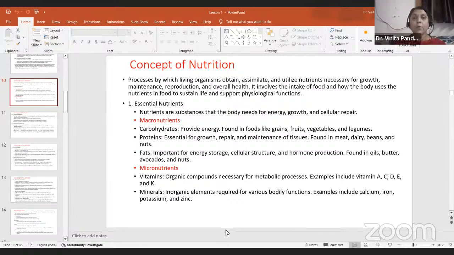So when you talk about nutrition, it is a process. Nutrition is just not what you eat. There is a holistic process of what you eat, how you eat, when you eat, and after what you eat. Of course, what you eat is also very, very important. So once all this what, why, when, where, once all these things are addressed, right?